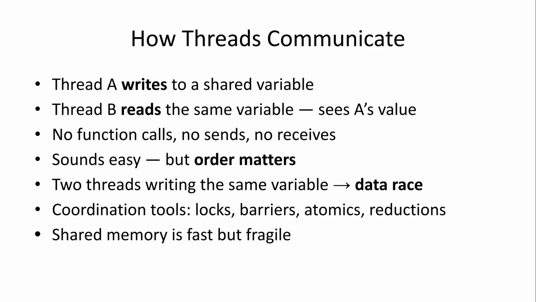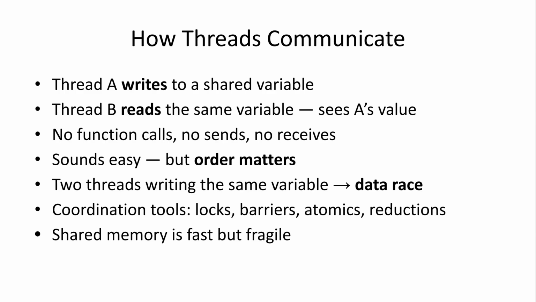So how do these threads communicate in the shared memory programming model? Let's say thread A writes to a shared variable. Without any explicit communication of that update, some other thread can just come and read that value, and it will see the latest update that thread A made to that variable, directly visible in the same variable.